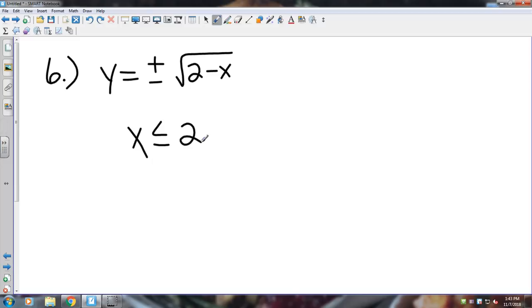Could be 2, because 2 minus 2 is 0, and I can take square root of 0. All right, it just can't be anything less than 2. Is that right? That doesn't look right for some reason. Yeah, x has to be less than 2. X can't be greater than 2. So it has to be less than 2.